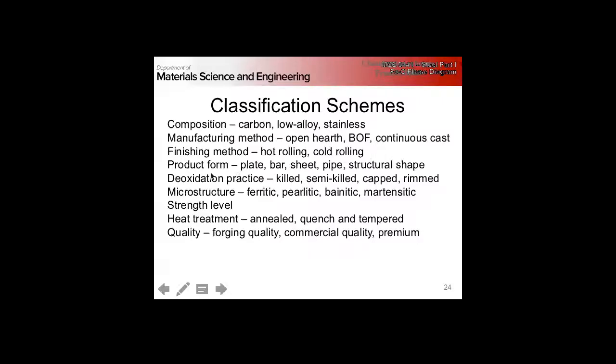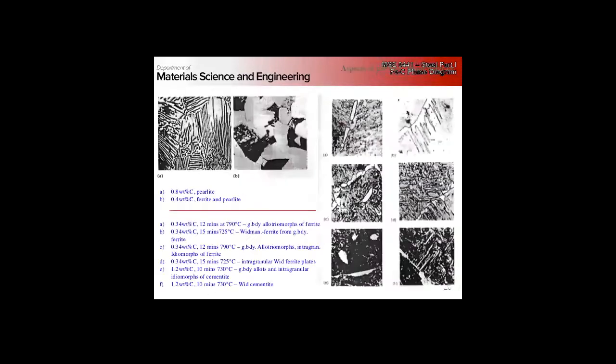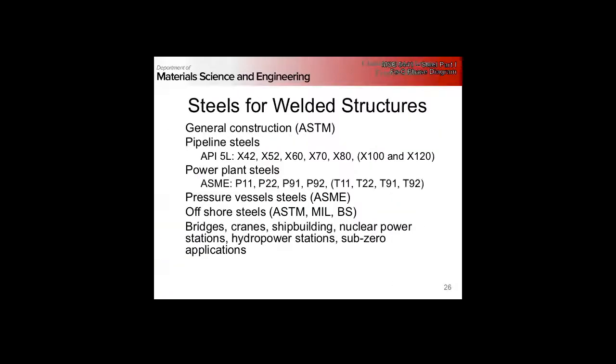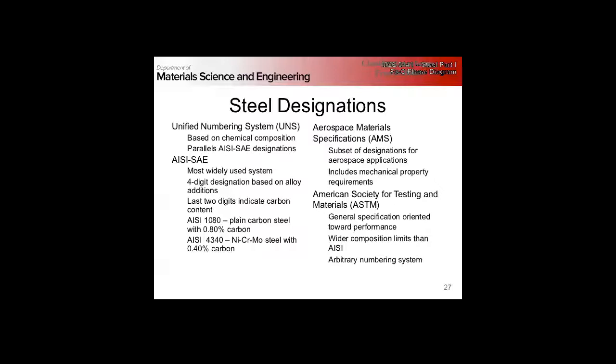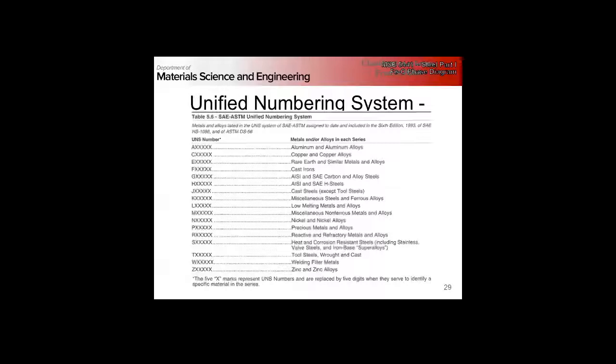How they were made, finishing, the form, the microstructure, heat treatment, quality. All of these go into different classification schemes. Most of these are here basically just for reference, right? It doesn't make a lot of sense to just go through and list these.